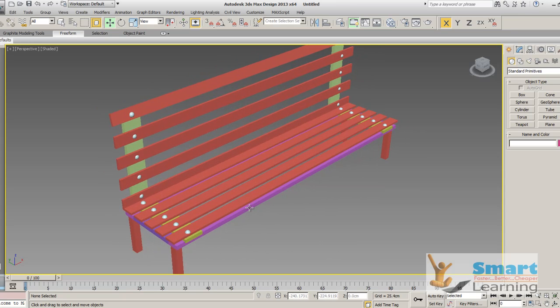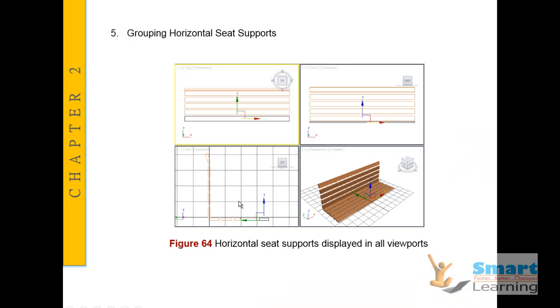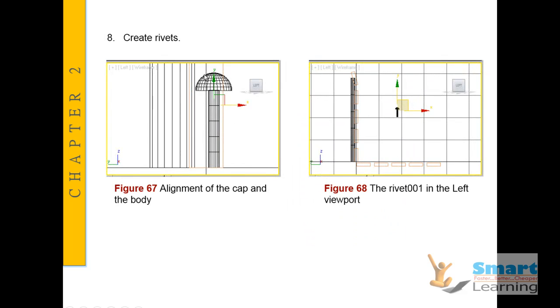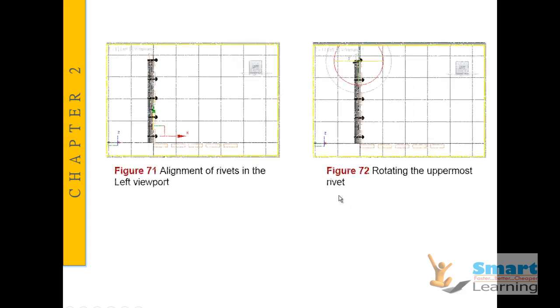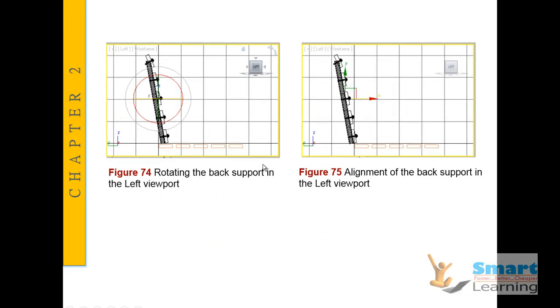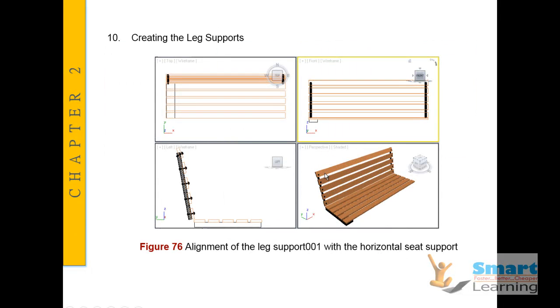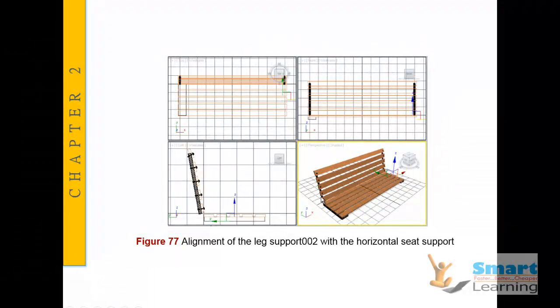So in this way you can create this particular project, and you can just follow the instructions which are mentioned here. After creating this, you'll be creating the rivets, and then you rotate the top one, then you position, then you put your rivets, then the frames, whatever the back frames you have.